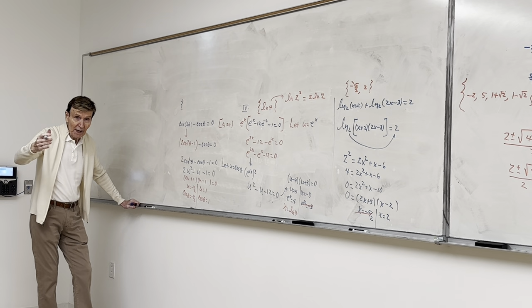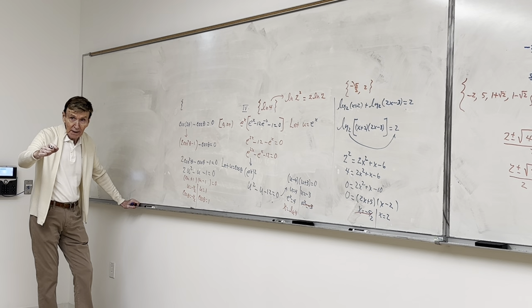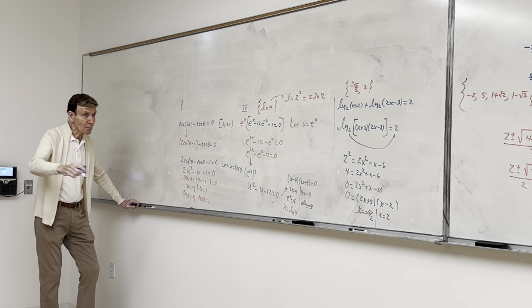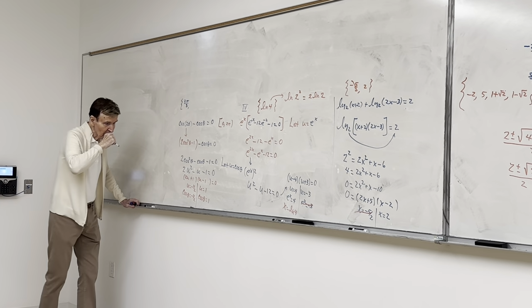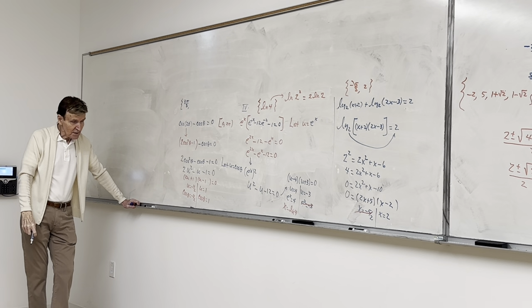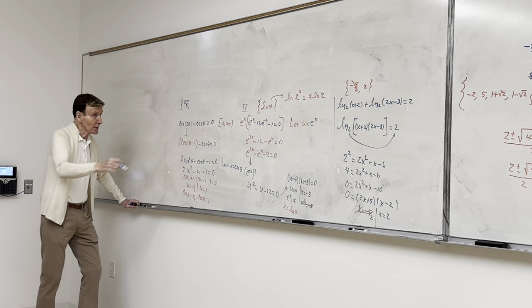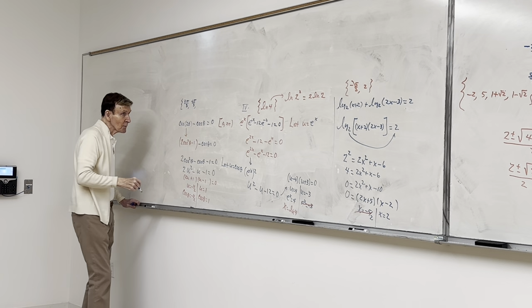Now, what's the size of the angle in quadrant 2? 120 degrees, or in radians, 2 pi over 3. Cosine is negative also in quadrant 3. What's the size of the angle in quadrant 3? 4 pi over 3. That takes care of that.